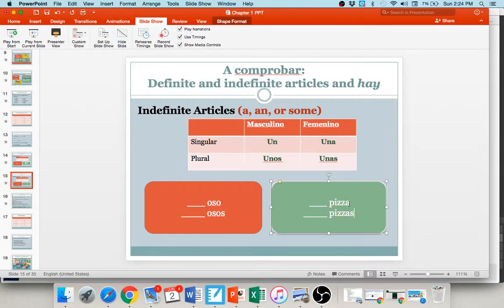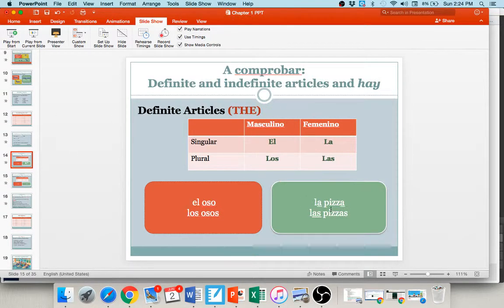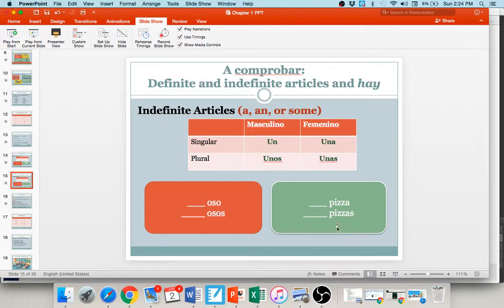Again, how many pizzas are here? Only one. Feminine or masculine? Well, it ends in an A, so it's going to be feminine. So for singular feminine, instead of saying the pizza, la pizza, I want to say a pizza, in which case I would say una pizza.